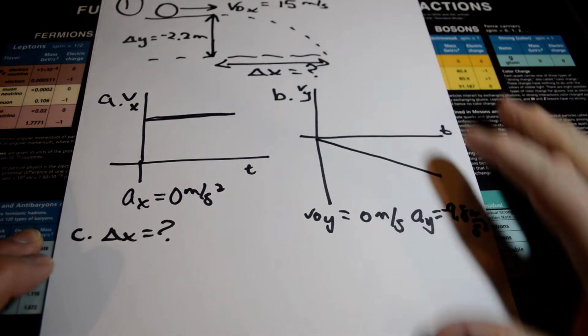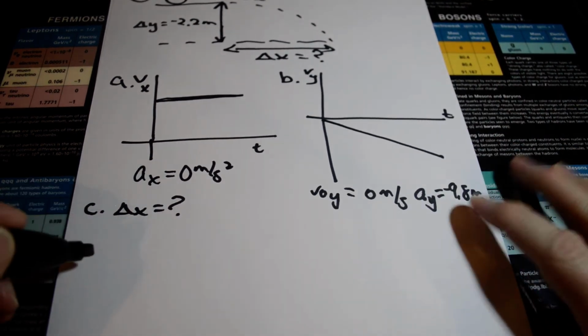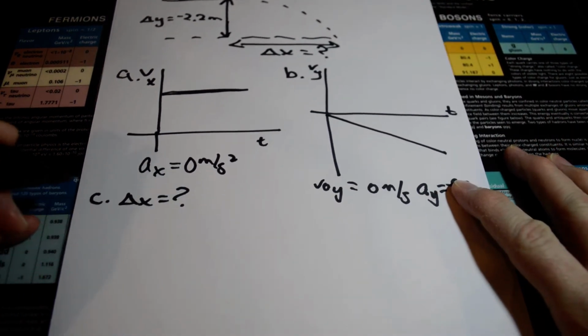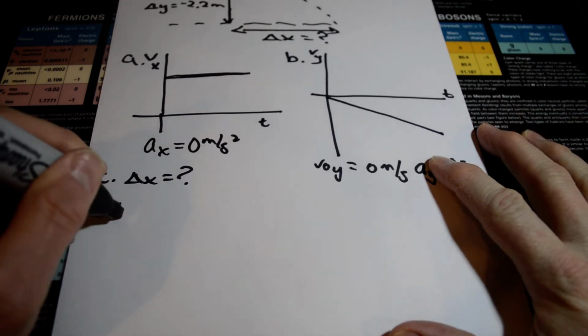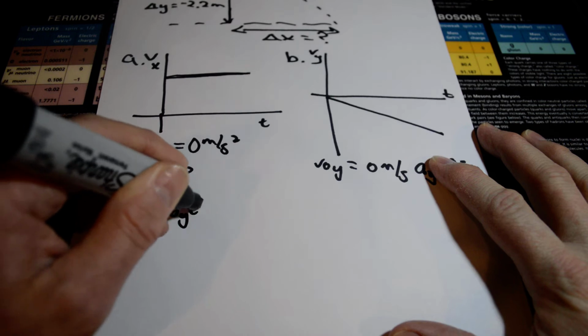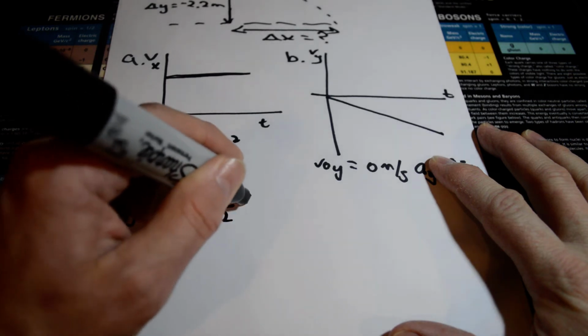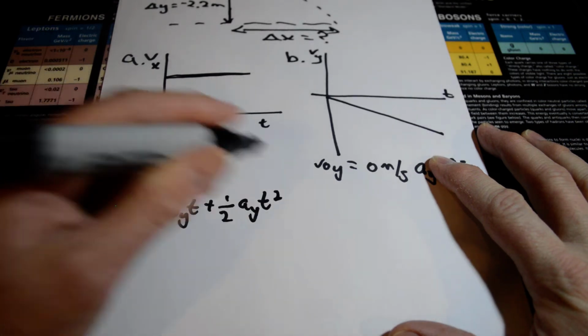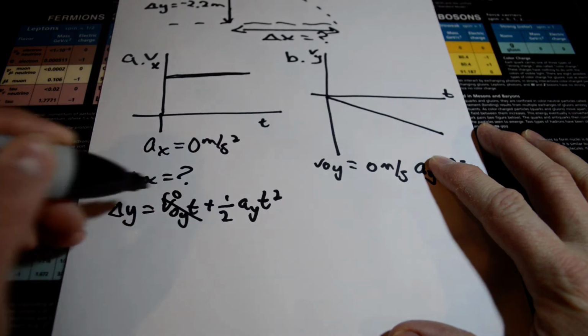Okay. Part C says how far did it go? To do that, first you'd have to find the time in the air. So we'd say y. You have to do that in the y direction. Remember, it has no velocity, but it does have an acceleration. So we have the first term 0.